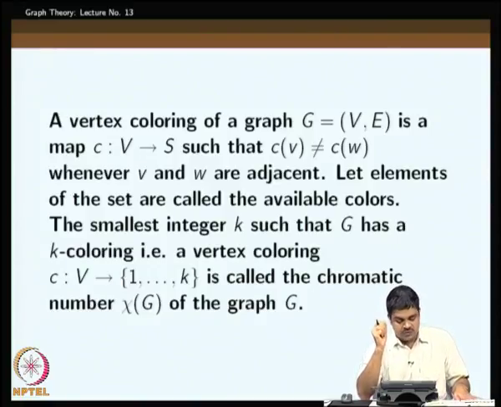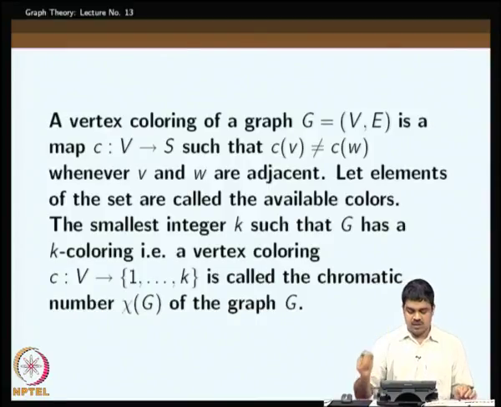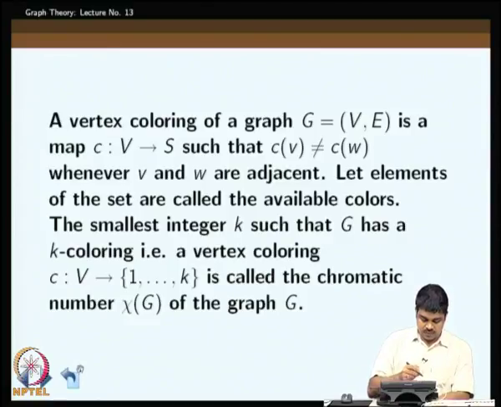The elements of the set S are called the available colors. The smallest integer k such that G has a k-coloring, that is, a vertex coloring from V to {1 to k}, is called the chromatic number chi of G, of the graph.